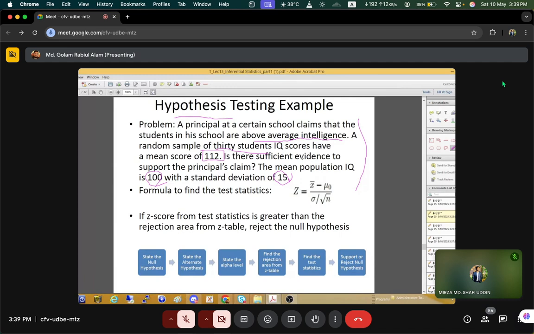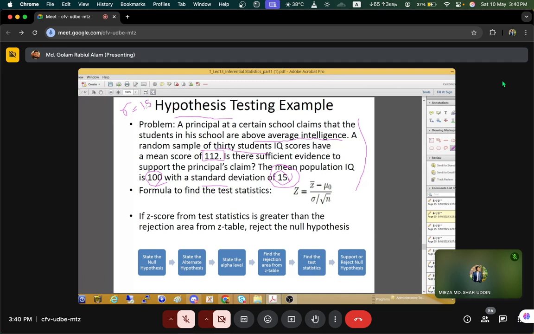Again, we can see some values are given, like the mean IQ score, the population IQ score mean, and the standard deviation of the population. So that means we can apply parametric hypothesis testing here. It means we can apply a Z or T test. Whether this standard deviation 15 is the population sigma: it is given, so sigma is 15 here.